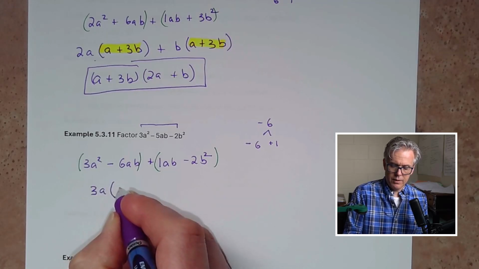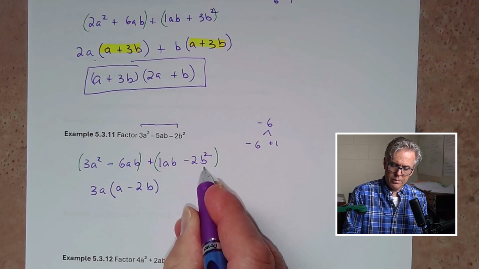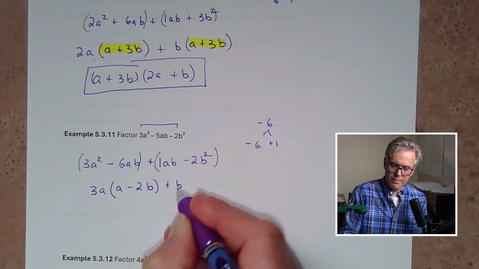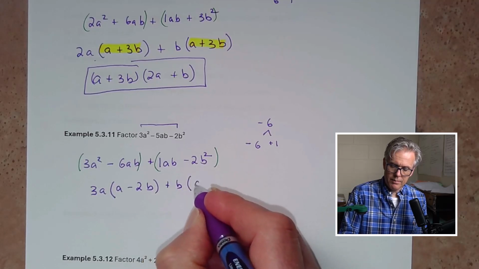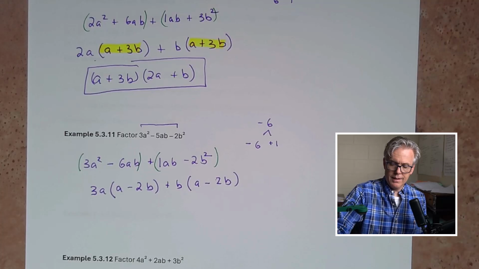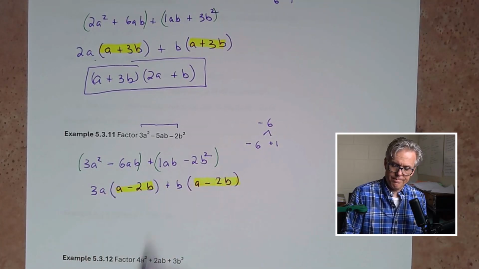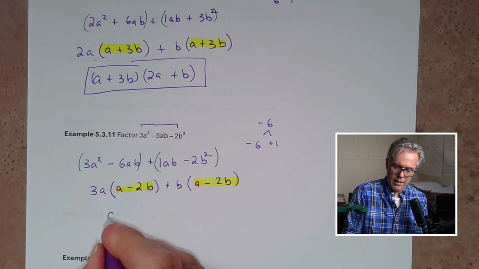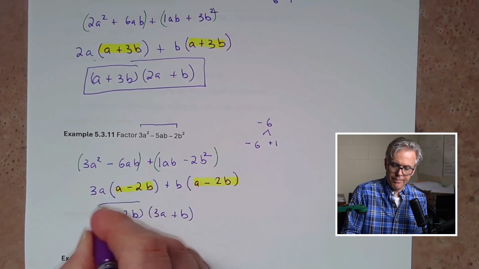What do I have left with here? A minus 2b. And I can pull out a b in this group here. And I'm left with a minus 2b. That's nice. I've got the same factor here. I knew I would. So I'm going to get a minus 2b times 3a plus b.